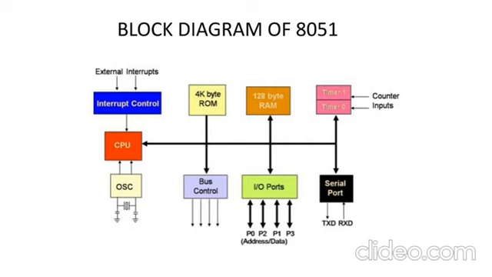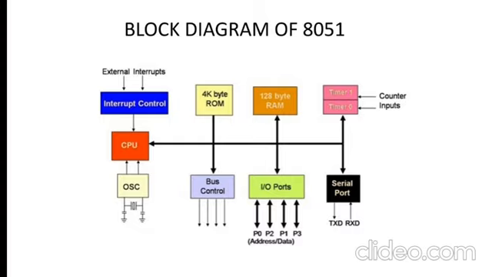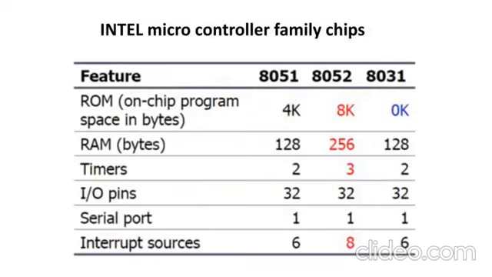Now we will see the Intel microcontroller family chips. The Intel company has produced different chips of this microcontroller family, where we have three here: 8051, 8052 and 8031. The first feature is on-chip ROM, that is, internal ROM. For 8051 we already know it was 4K.